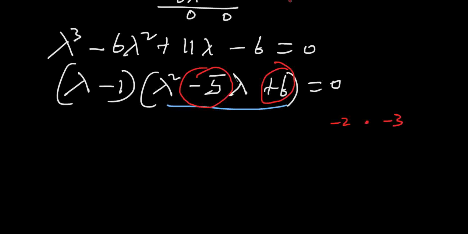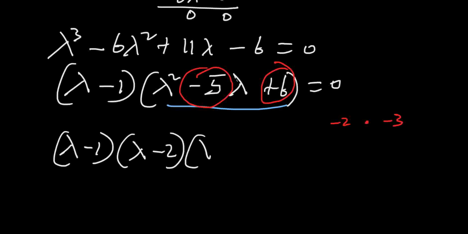So all we have to do at this point is to write lambda minus 1 in parentheses, then lambda minus 2, lambda minus 3, and equate these to 0.